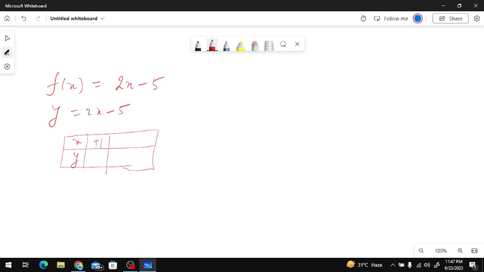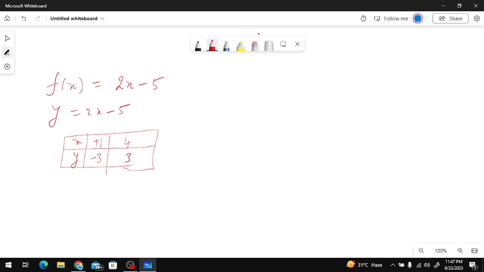You can put here plus 1, then it will be minus 3, and similarly if you put 4, it becomes 3, and we can plot one single straight line. So I will discuss how we plot a single line as a straight line.